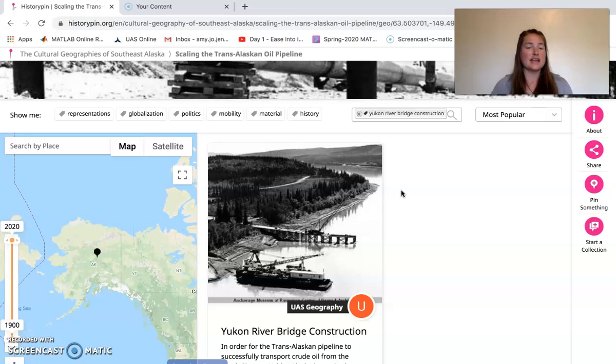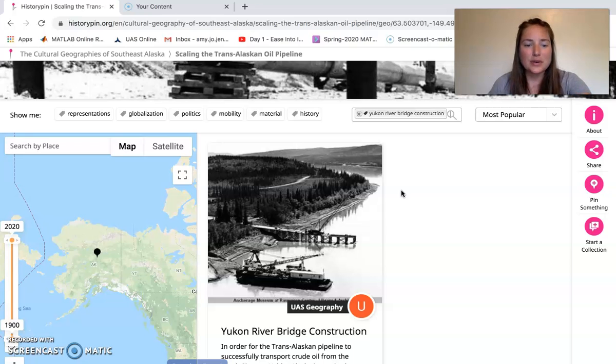It's still known today as an amazing engineering feat. The construction had to happen from either side of the river, and they built it from either side, and then it connected in the middle.